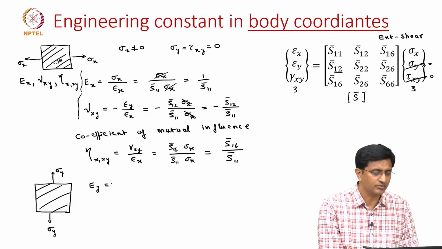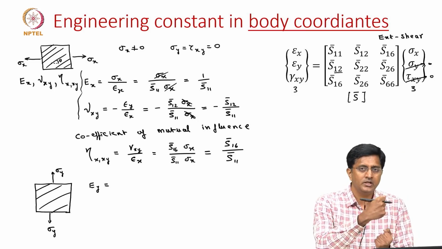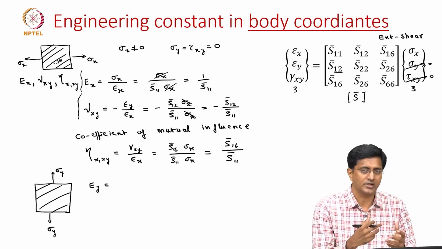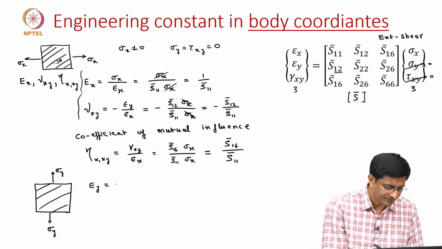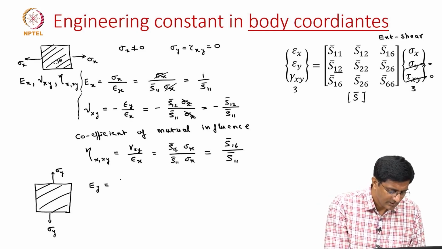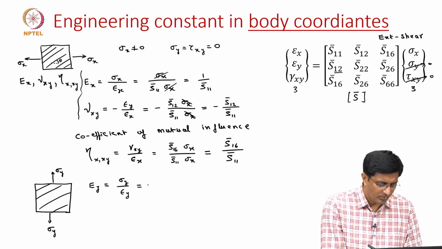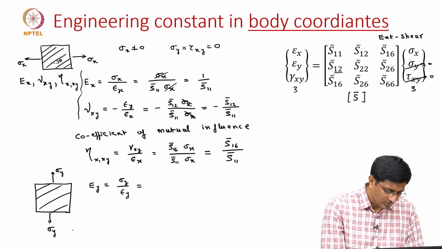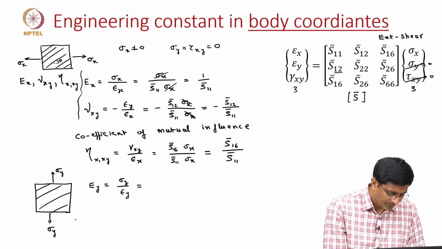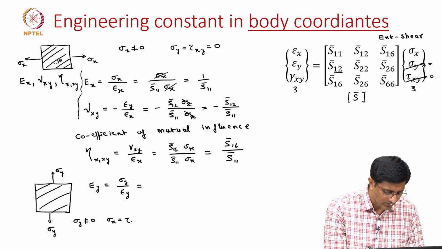Essentially the stiffness of this lamina in the transverse direction, or in direction y, which I can write as sigma y by epsilon y. And here let me also reiterate that sigma y is the only non-zero stress and the other stresses like sigma x and tau xy go to 0.